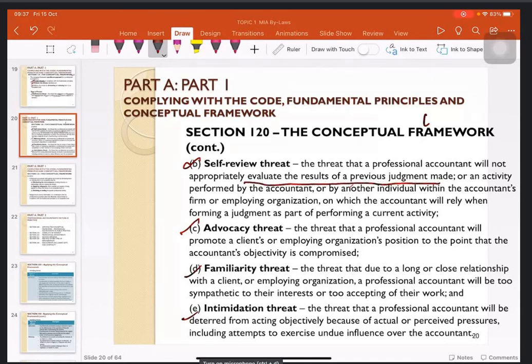Or any activity performed by accountant or by other individual within the accountant firm or employee organization on which the accountant will rely when forming a judgment as part of the audit. Basically, there are 2 situations lah kat sini ya. The first situation adalah kalau based on the previous judgment.